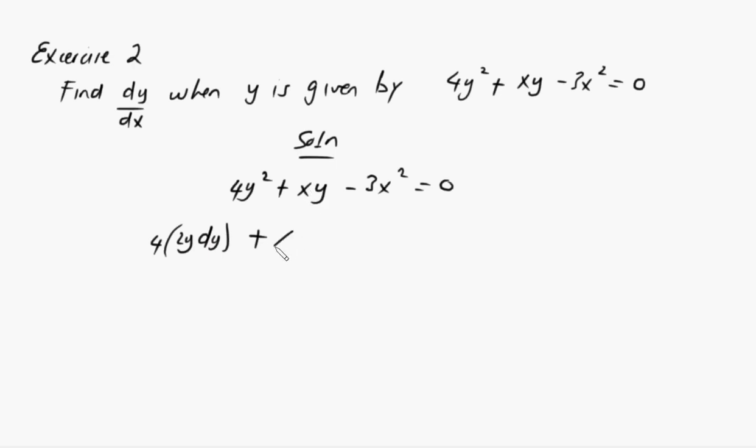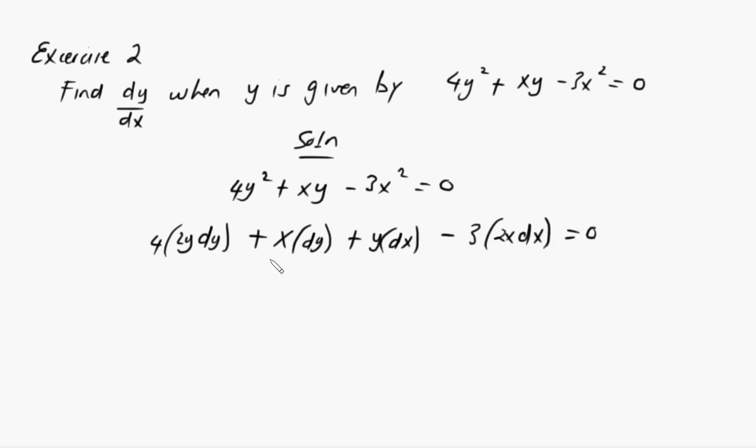So how do I use the product rule here? First, I keep x constant and then I differentiate y with respect to y, which gives 1 times dy. Plus, I keep y constant, then I differentiate x with respect to x. It becomes 1, then I add times dx. And then minus 3, differentiating x squared with respect to x is just 2x dx, equal to 0.